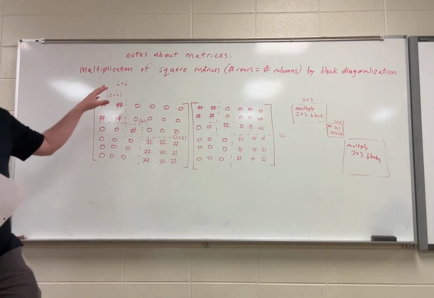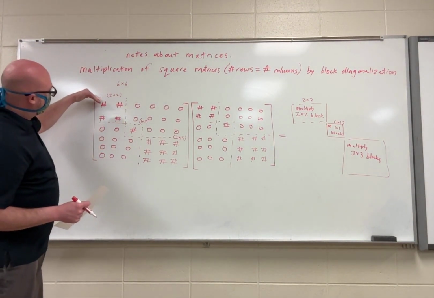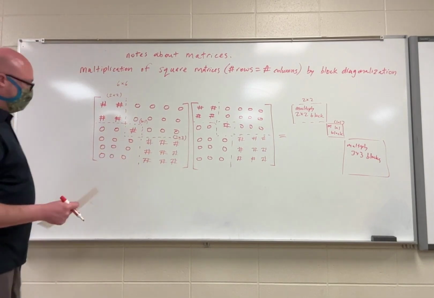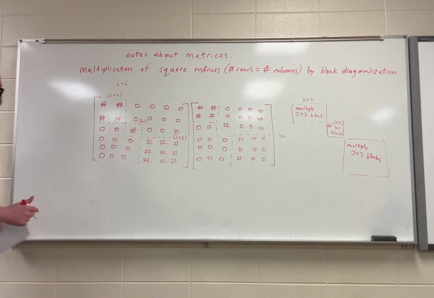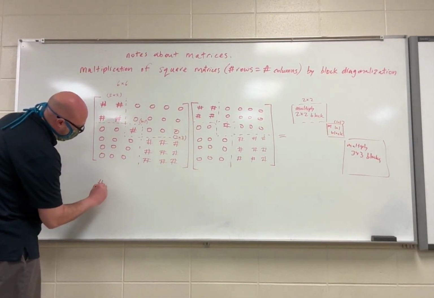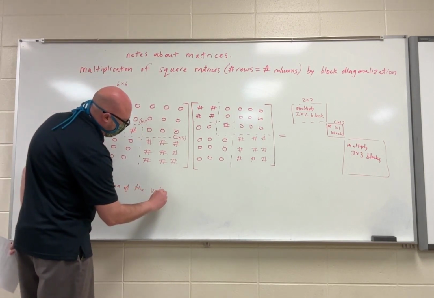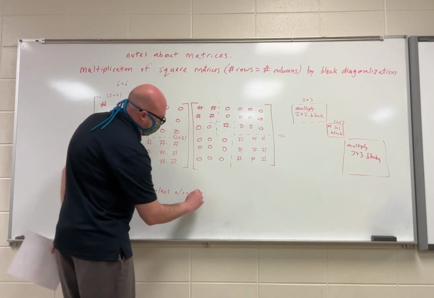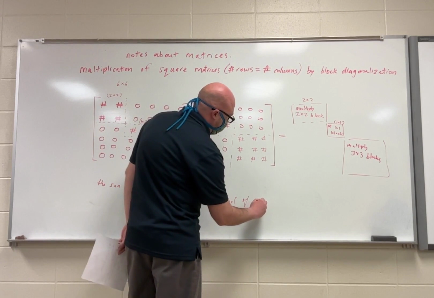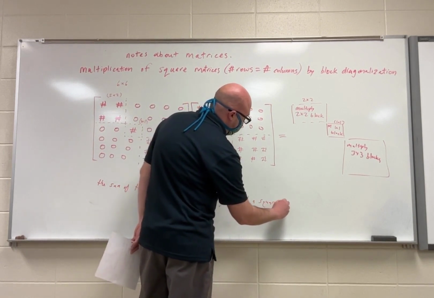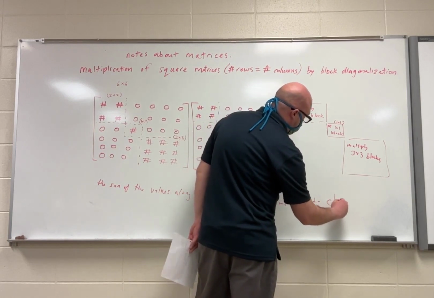Another idea that I want to mention is there's the values along the diagonal of the matrix. If we take the sum of those values, that's known as the character of the matrix. The sum of the values along the diagonal of a square matrix is its character.